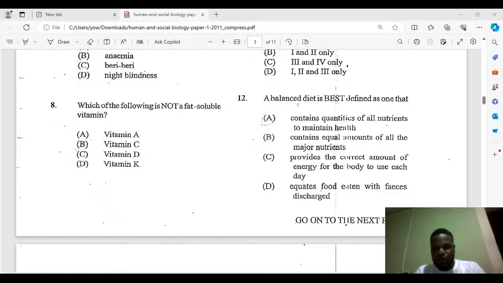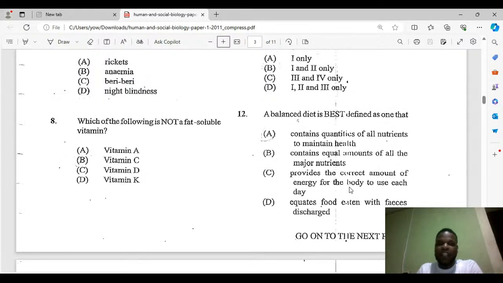Just remember that, guys. If you never knew that before, please know that now. ADEK is fat soluble vitamins, and C and B are water soluble. All right, so that's clear, guys. If you never had that, please get that down.